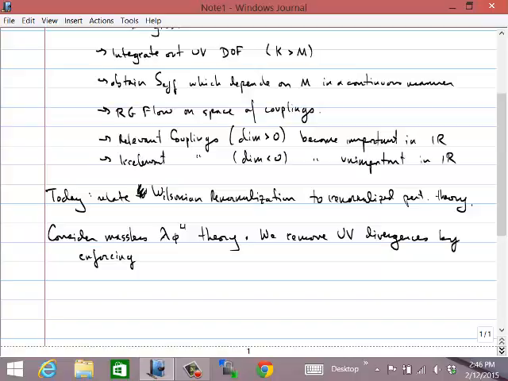And we do that by enforcing some renormalization conditions, or some physical conditions, at some energy scale, capital M, which is usually called the renormalization scale.